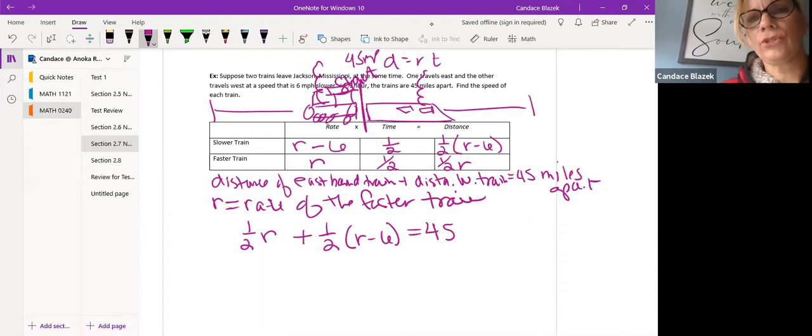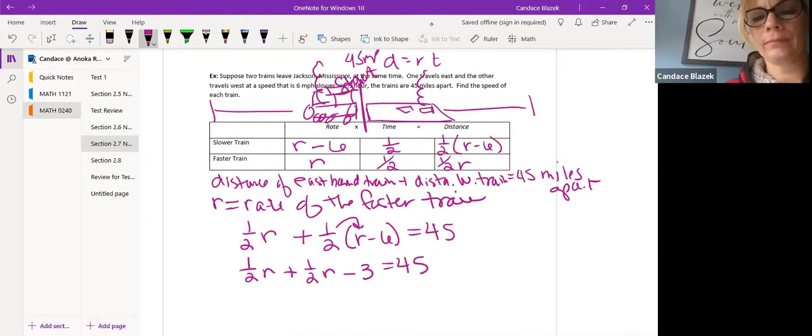Now you can either choose to clear fractions, or since we're working with 1/2, they're kind of easy to work with. So in this case, I'm going to choose to leave the fractions and say 1/2 times r gives me 1/2 r. And then 1/2 times r minus 6, well, half of r minus 6 is minus 3. That wasn't too hard. I know 1/2 r plus 1/2 r gives me a total of r.